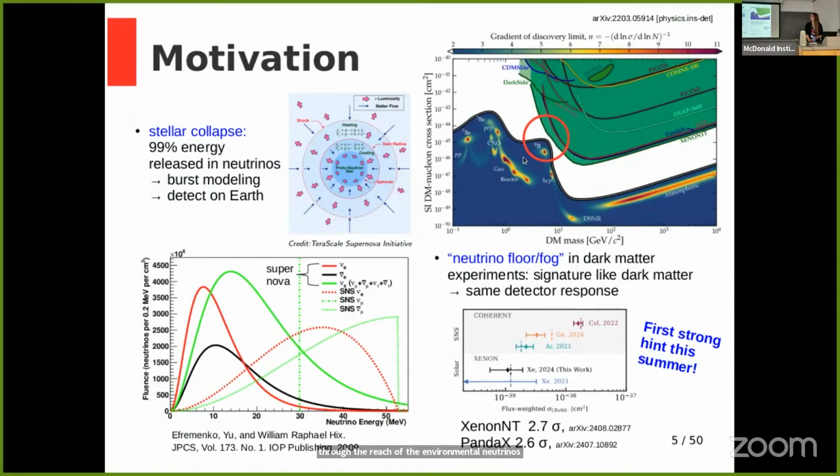And for example, so here are the boron-8 neutrinos of the sun. And very recently, in the last few weeks, actually, a first very strong hint of these neutrinos has been reported by XENONnT and PandaX. Both of them got almost 3 sigma from their detection of boron-8 neutrinos.